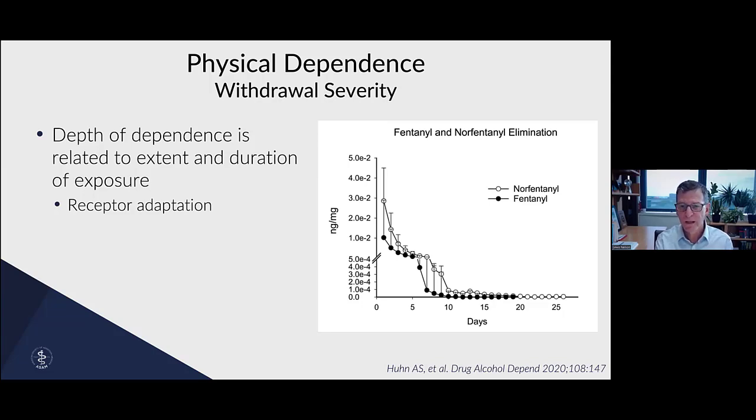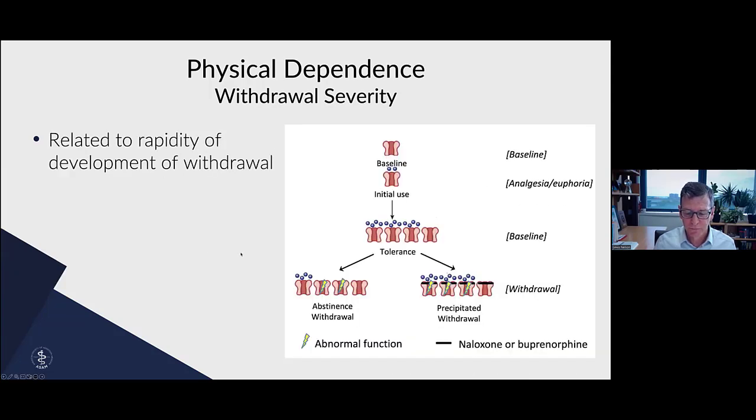So you can see here, after prolonged use in this one paper, you're still eliminating fentanyl and norfentanyl in the urine for 7 to 10 days after the last use. Right. And in that time, your brain is changing and adapting. So it's that prolonged exposure of the brain that leads to significant adaptive changes.